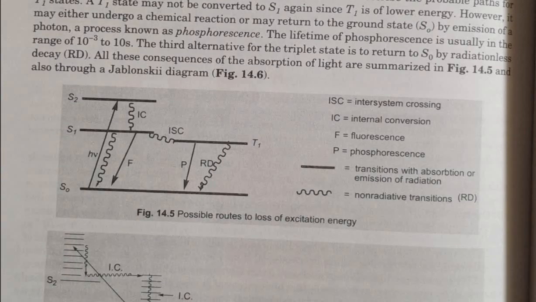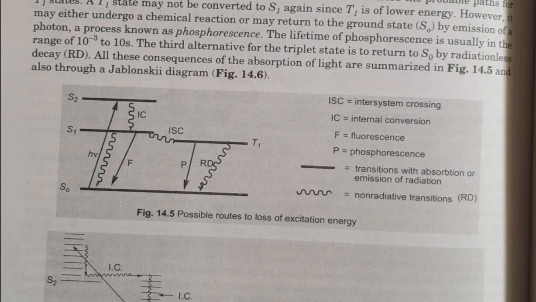Now you can see the possible routes to loss of excitation energy. You can see here ground state is 0, first singlet state is 1, second singlet state is 2.